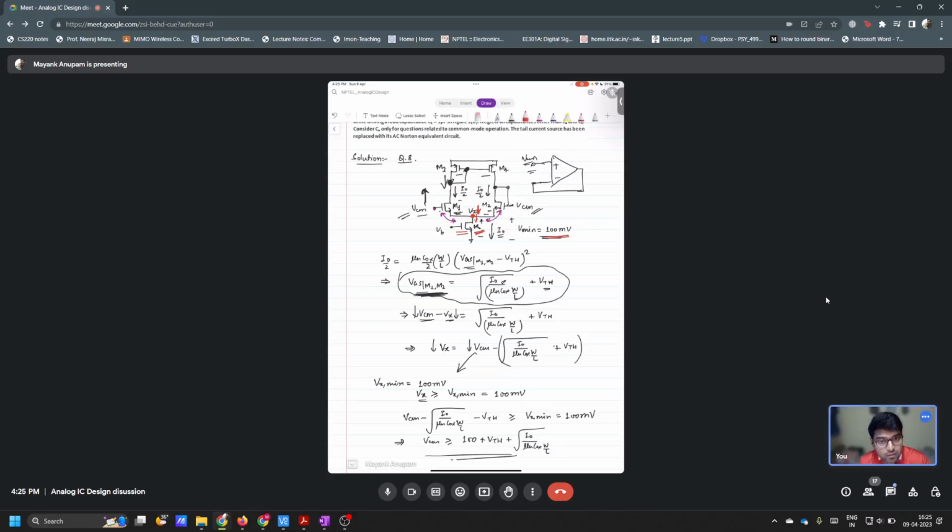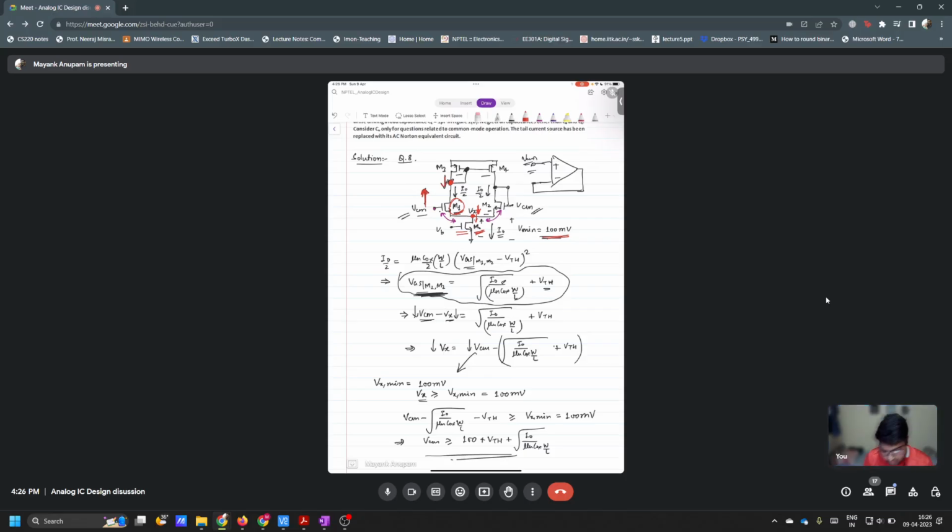Correct. Now, if this voltage is fixed and you are increasing VCM, you are increasing the gate of M1 and keeping the drain fixed. So definitely M1 has the possibility of going out of saturation, right?